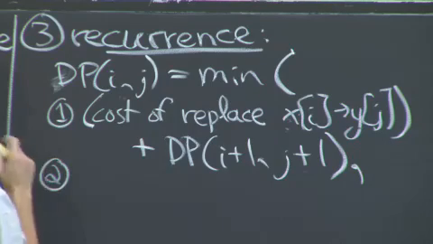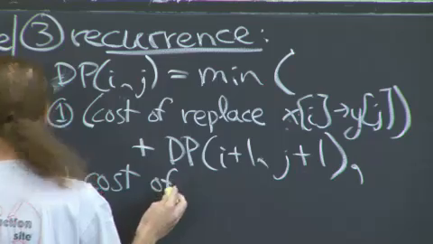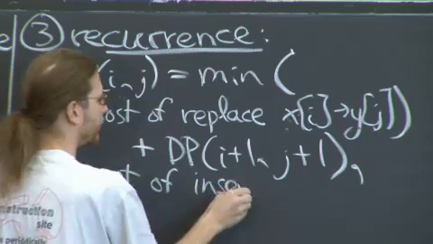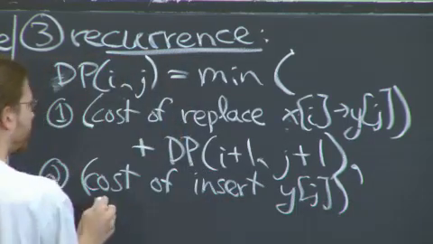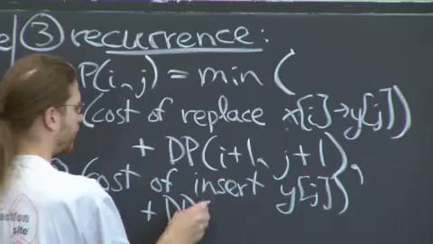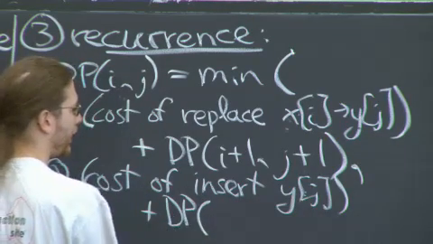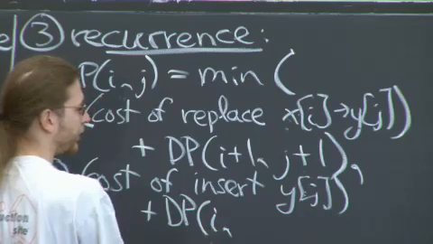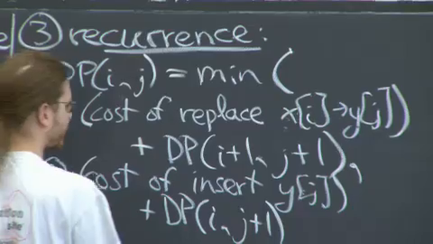Option 2 is we have the cost of insert yj. So that's also something we're given. Then we add on what we have to do afterwards, which is we've just gotten rid of yj. So x still has the entire string from I on, and y has a smaller string.